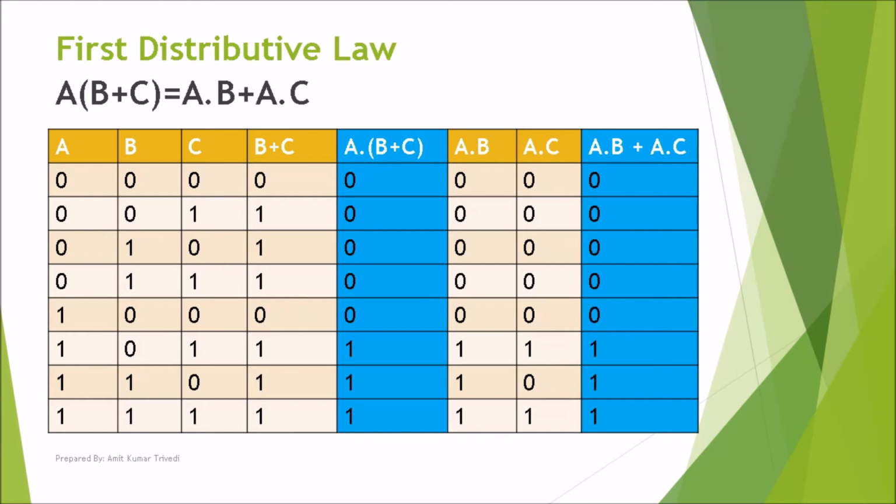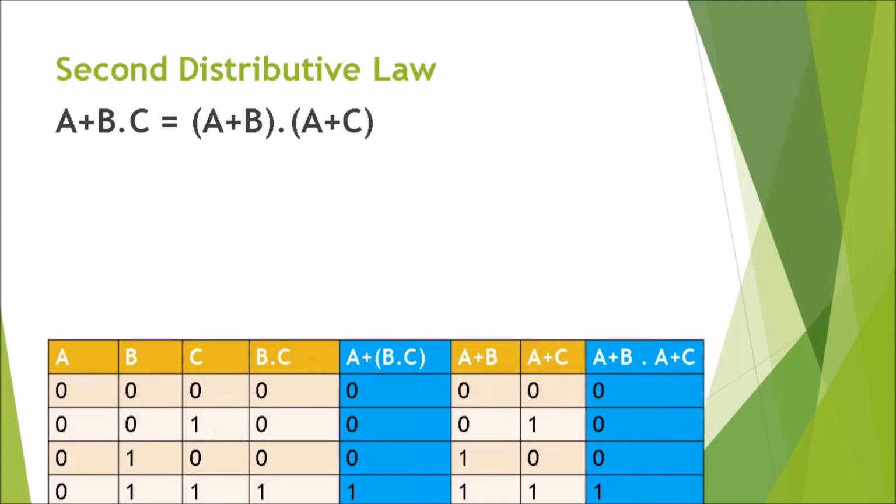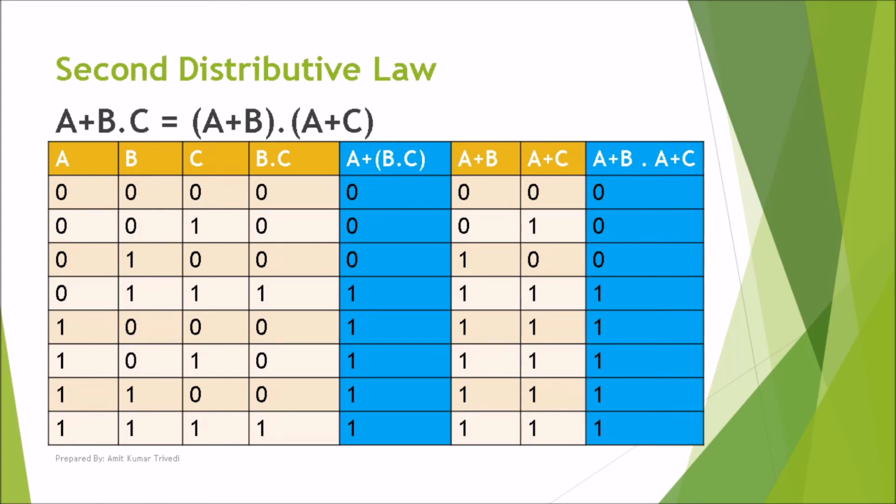Fifth column represents LHS, last column represents RHS. Hence it is proved. Second distributive law, a plus b dot c equals (a plus b) dot (a plus c), and its truth table. Again you can see the fifth column and the last column are identical.